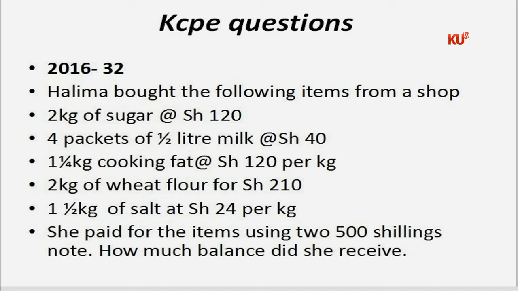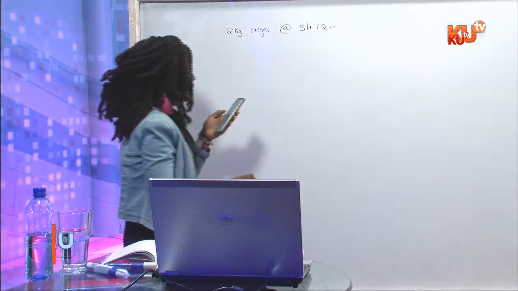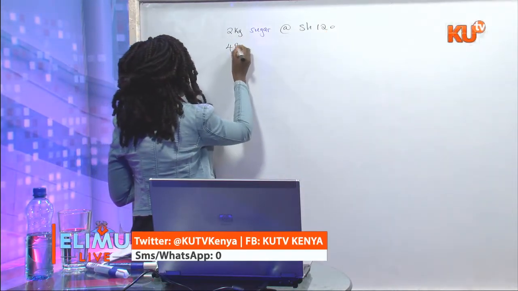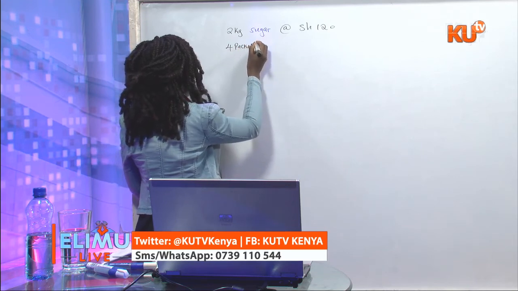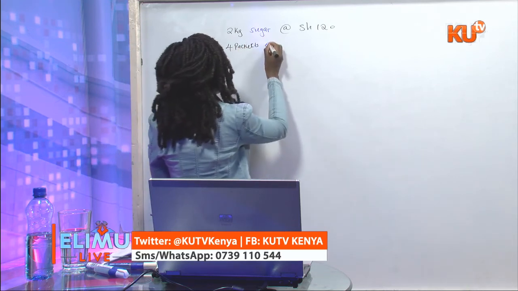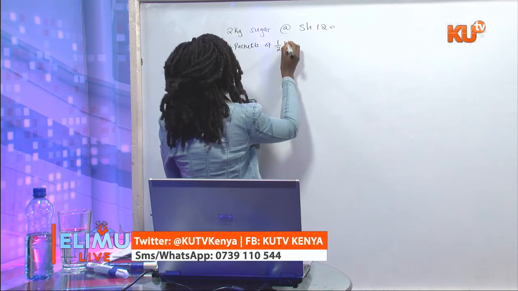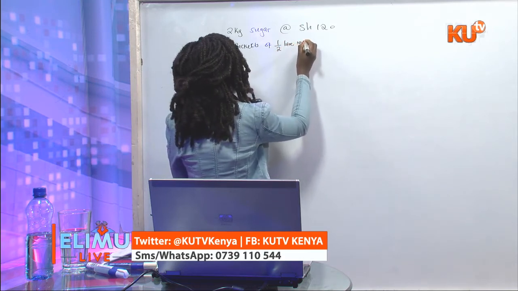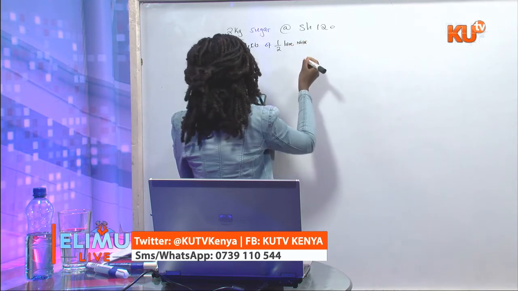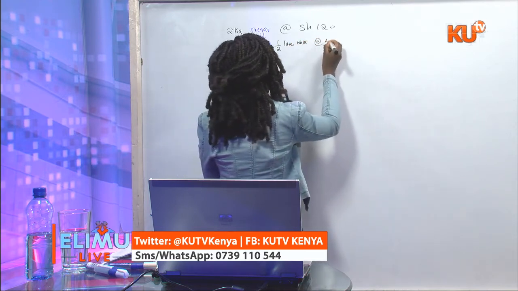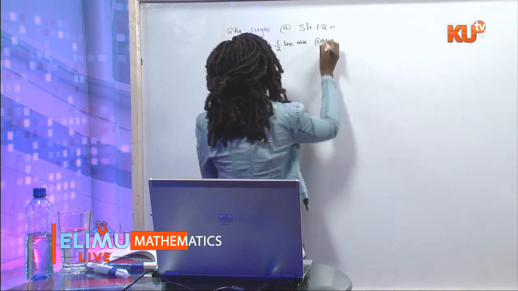So we start by preparing the bill. 2 kgs of sugar at 120 shillings. And then we have 4 packets of a half-liter milk at 40 shillings each.